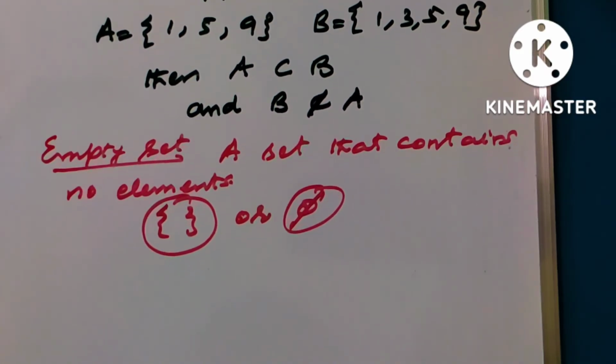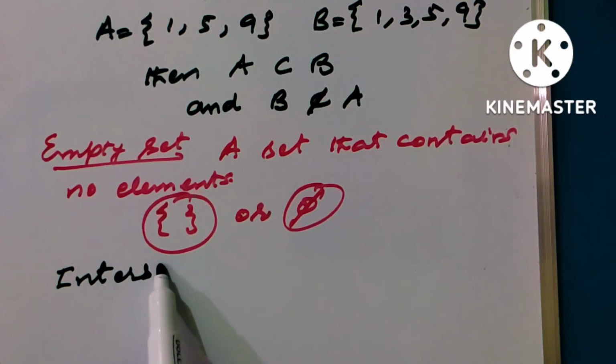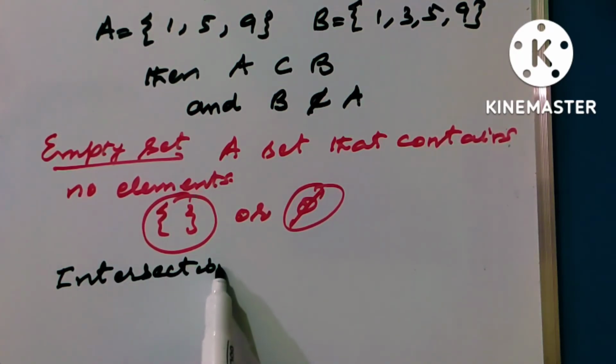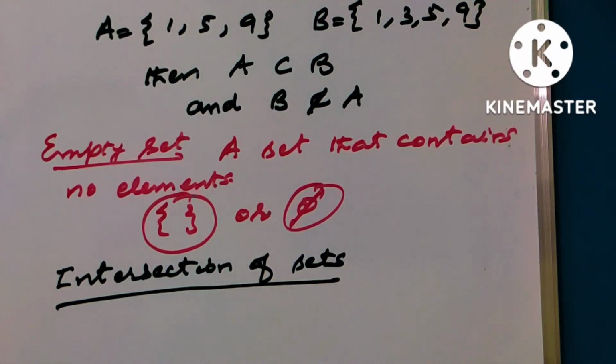Now let us talk about intersection of two sets. That is very important. Intersection means common elements.